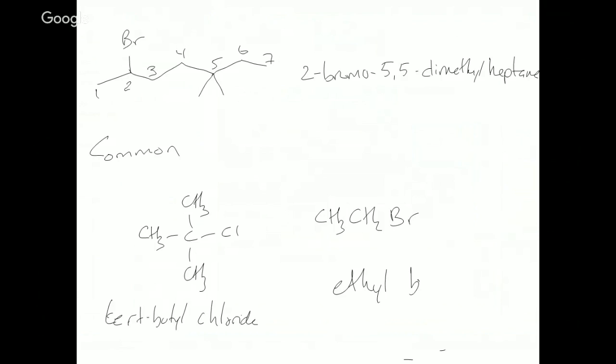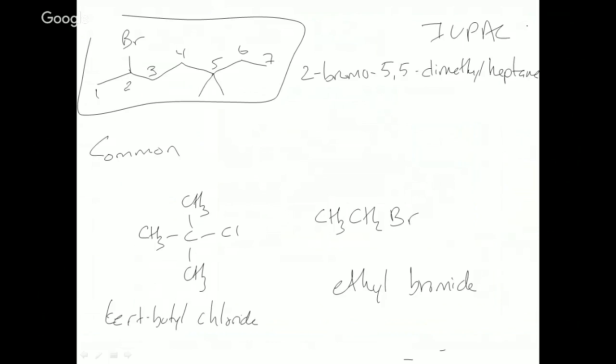So you need to be able to give these common names. And I'll specify if I want common or IUPAC. I am not going to ask you IUPAC for one of these simple ones. If you can use one of those substituents, you have to use it. Okay. So, but this one, there's no name for that substituent. So we name it in the IUPAC fashion.